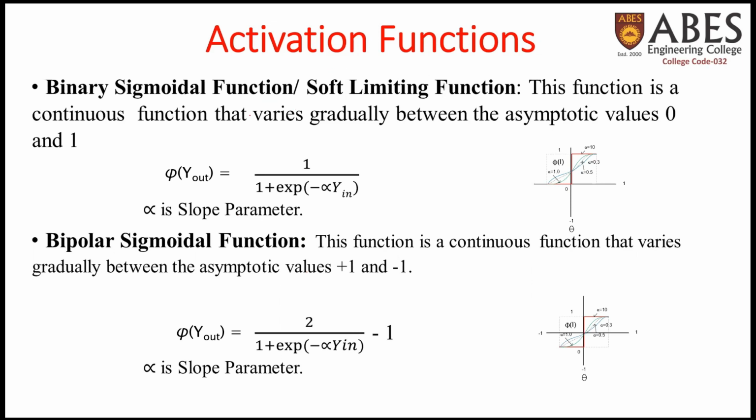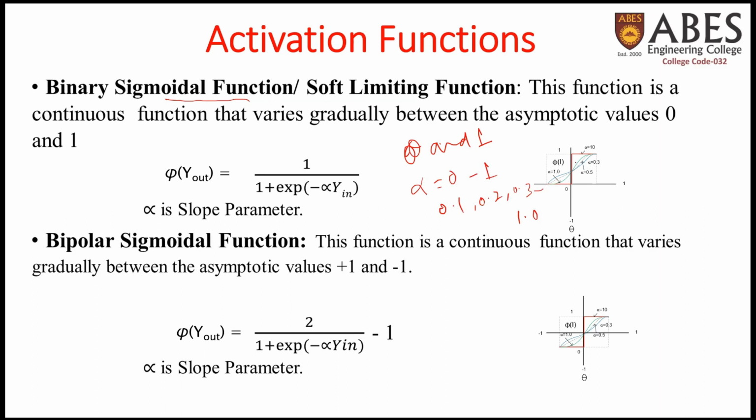Then here is the binary sigmoidal function. Here there is some slope parameter. The asymptotic values lie in between 0 and 1. The slope parameter is represented by alpha, and its value varies, that may be 0.1, 0.2, 0.3 up to 1.0.